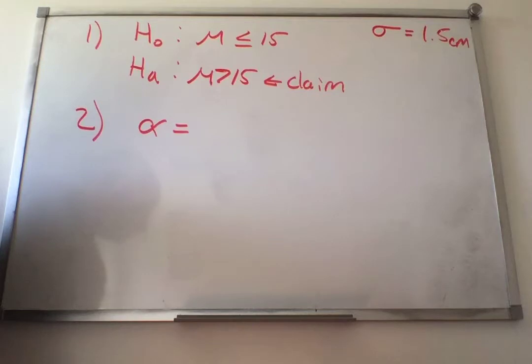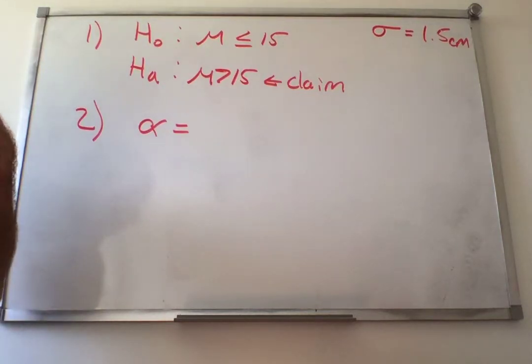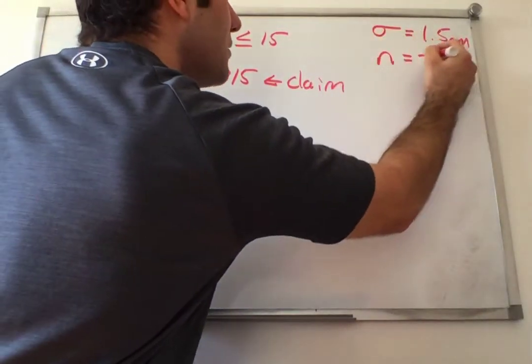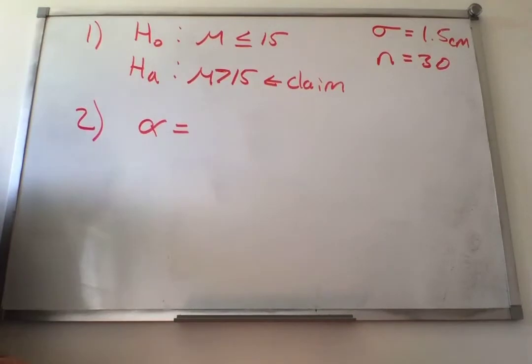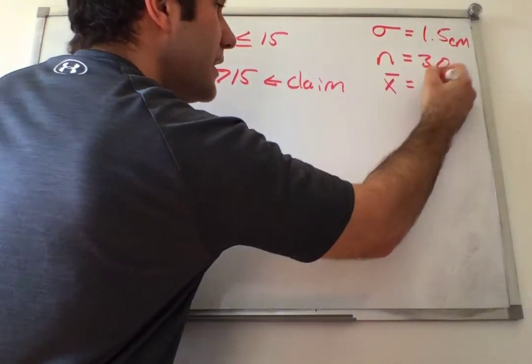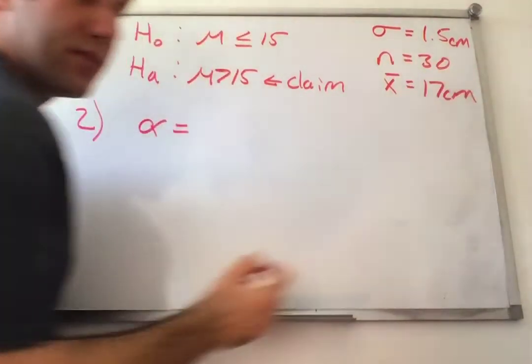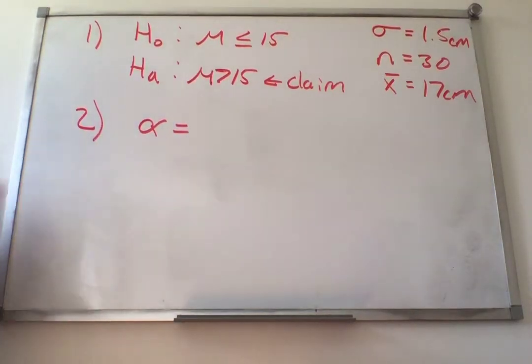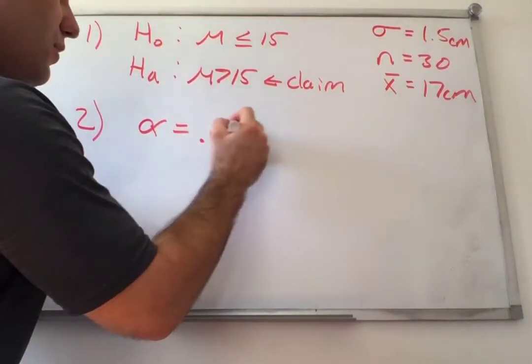And the distribution of the heights is normal. He bakes 30 loaves of bread, so they tell us the sample size, n is equal to 30, and finds that the mean height of this sample, so the average height of this sample, is 17 centimeters. Using a 0.05 significance level, that's your alpha, so 0.05.